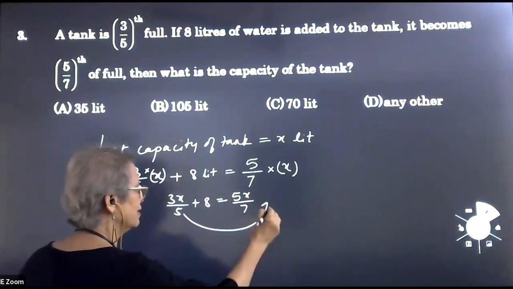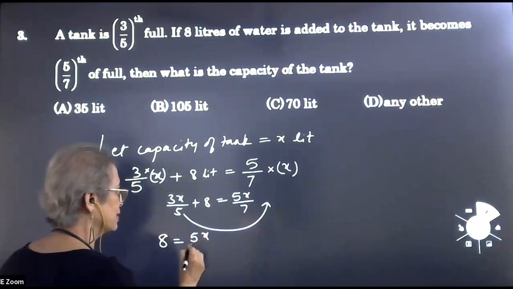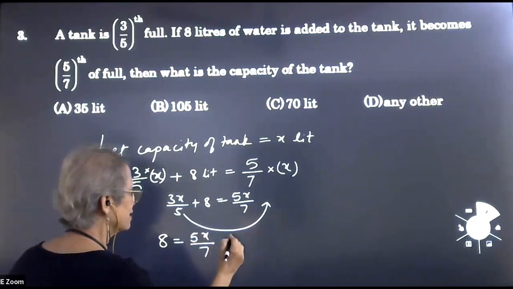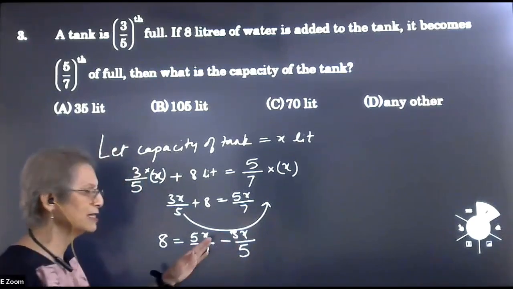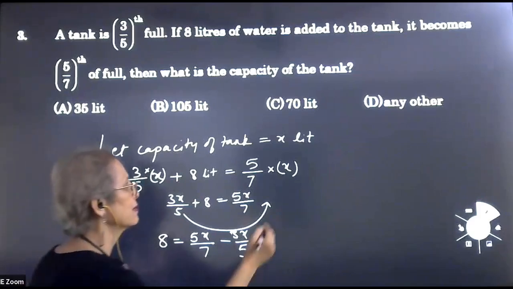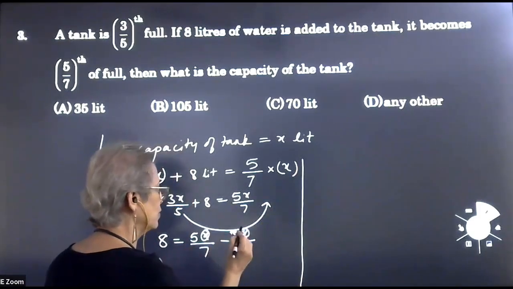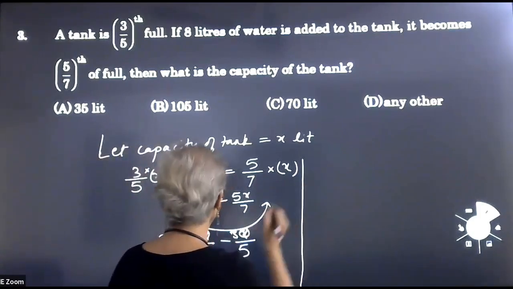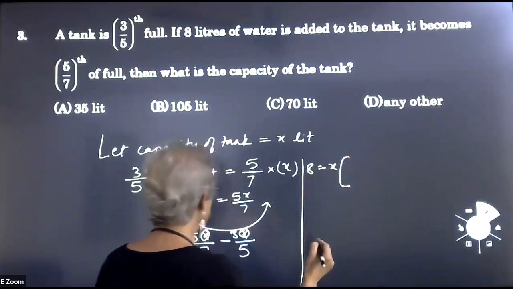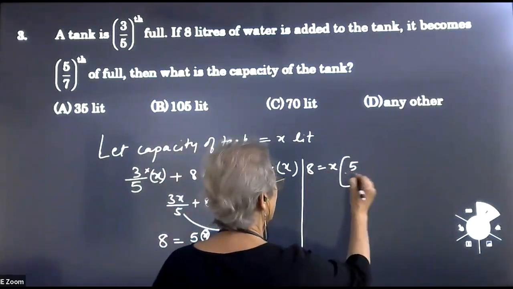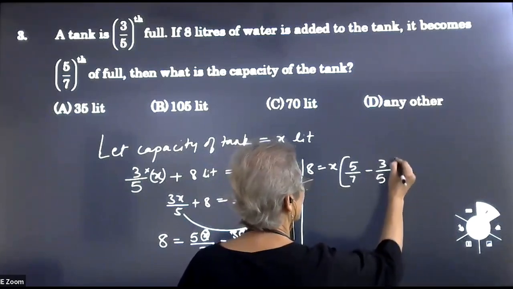Take this on the other side, keep 8 here as it is. So 5x upon 7 minus 3x upon 5. Now this is just a question of fractions. This x is common in both. So I will keep 8 is equal to x, and in the bracket I will write 5 upon 7 minus 3 upon 5.